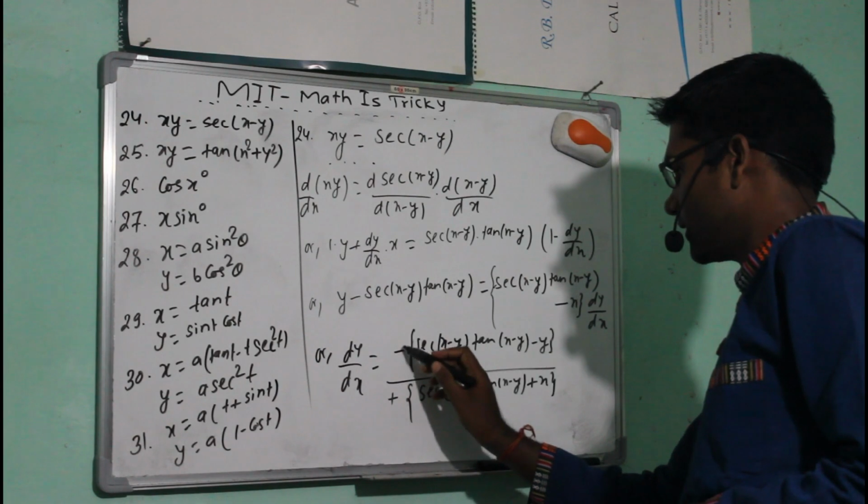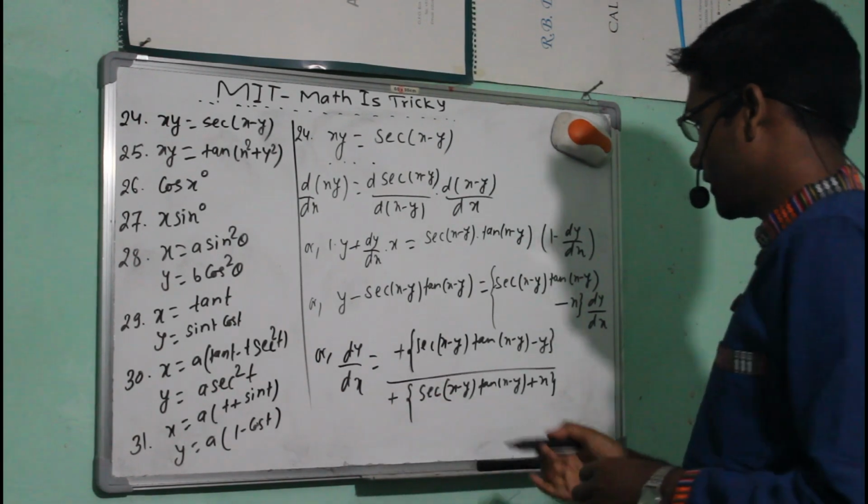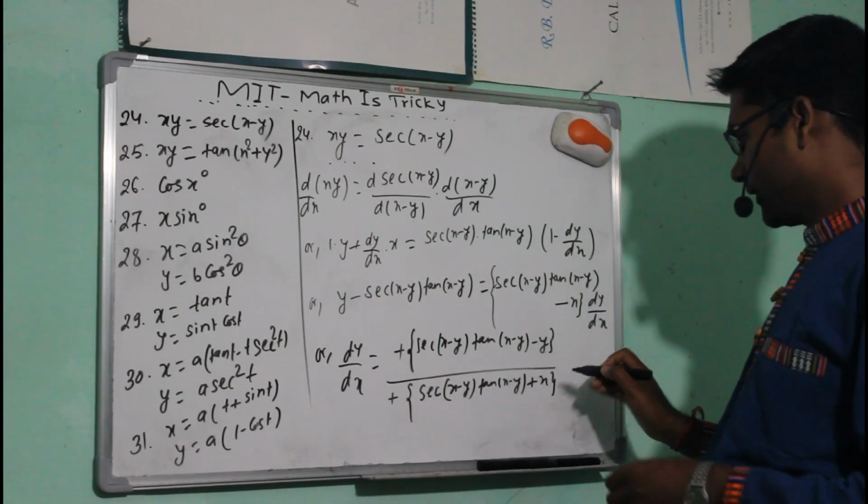So our answer will be, minus minus cancel. So this is our answer, with sec and tan.